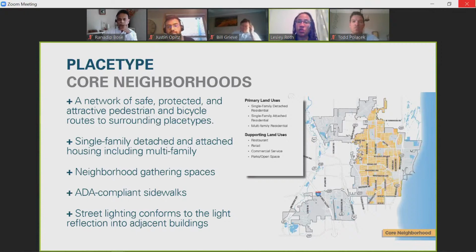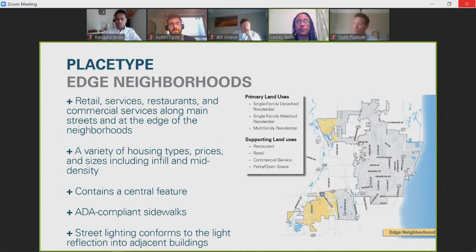The primary land uses in this category include a variety of residential, including attached and detached single-family homes. There are supporting land uses, as Ranadeep talked about in the economic development strategy for the city, that include restaurants, retail, commercial or personal services, and parks and open space.